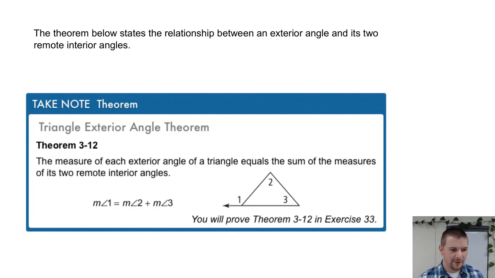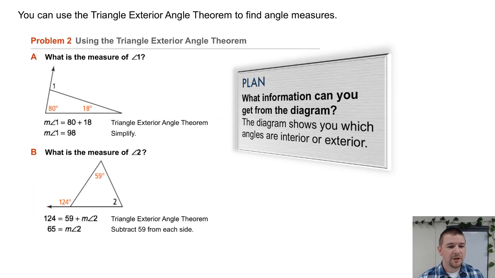It seems like a mouthful when I read the whole sentence, a lot of vocab, but what it's just telling us is that if we add the measures of the two remote interior angles, that will equal the measure of the exterior angle. You can use the triangle exterior angle theorem to find angle measures.